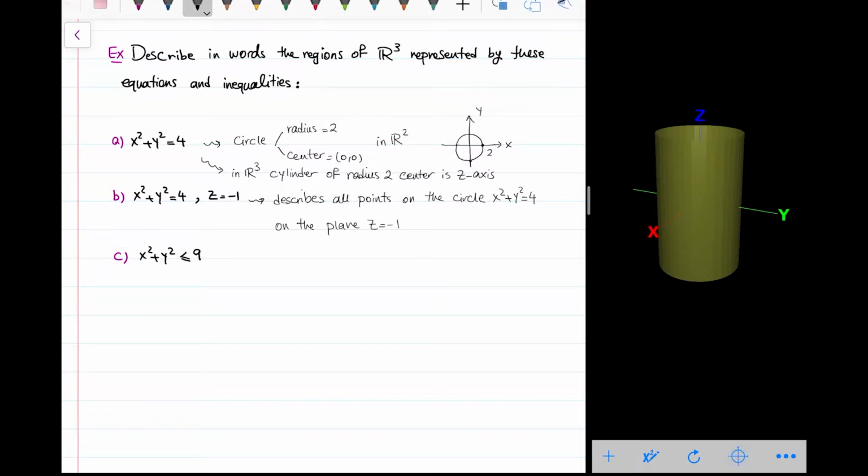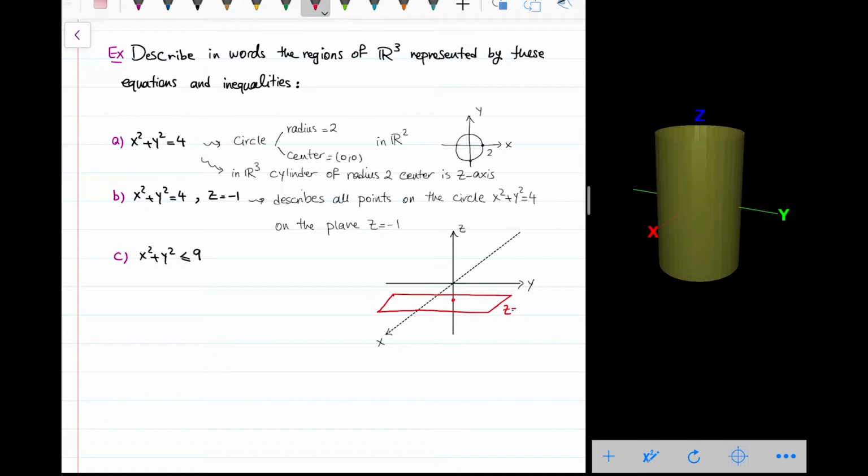If I want to graph it, it would be something like this. Let me try to graph it. This is x, this is y, and this is z. So I'm on the plane z equals -1. Let me graph the plane.